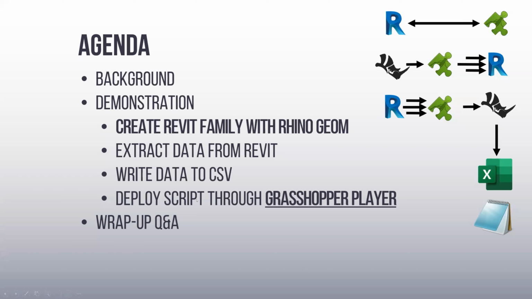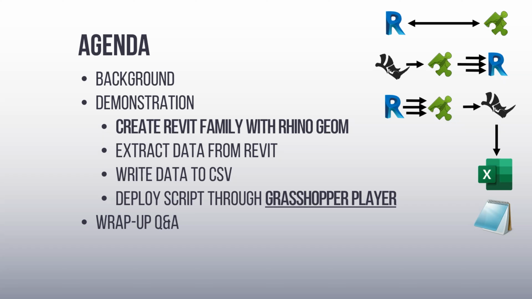As part of that, we'll also cover how to write data to a CSV. A big part of being able to reach into the Revit model and database and access information is being able to view that information outside of the Revit environment. So we'll cover a little bit on being able to write to a CSV.